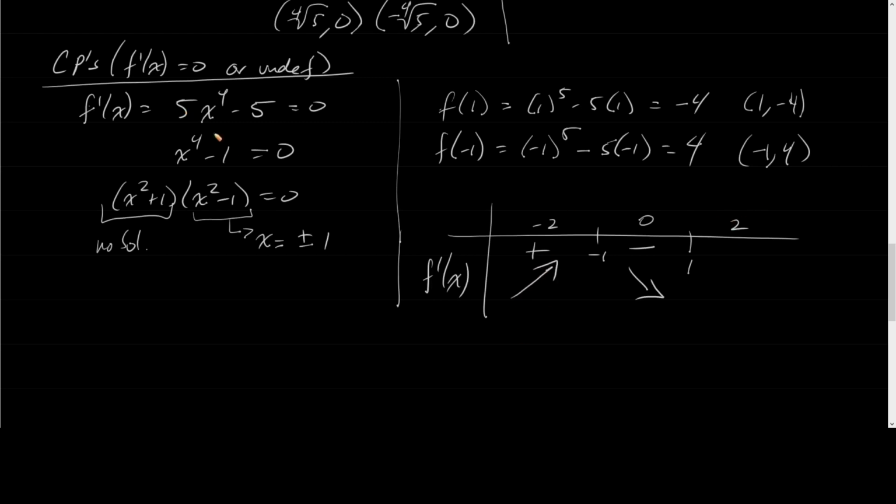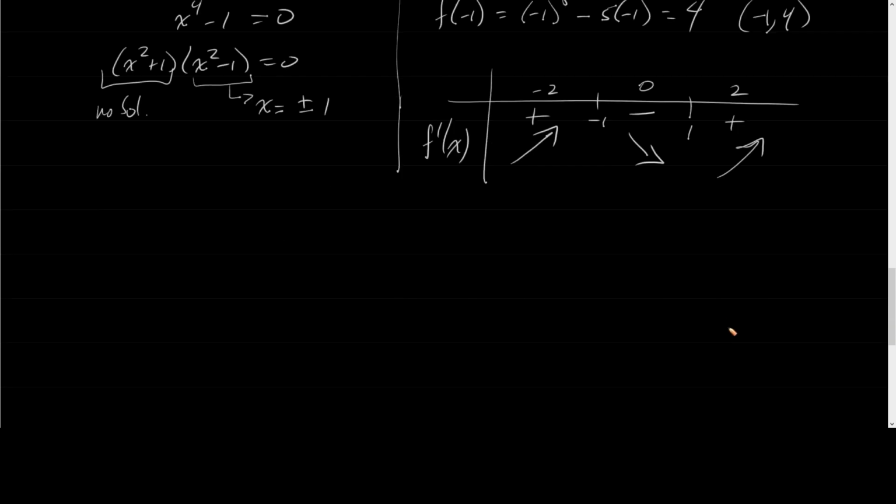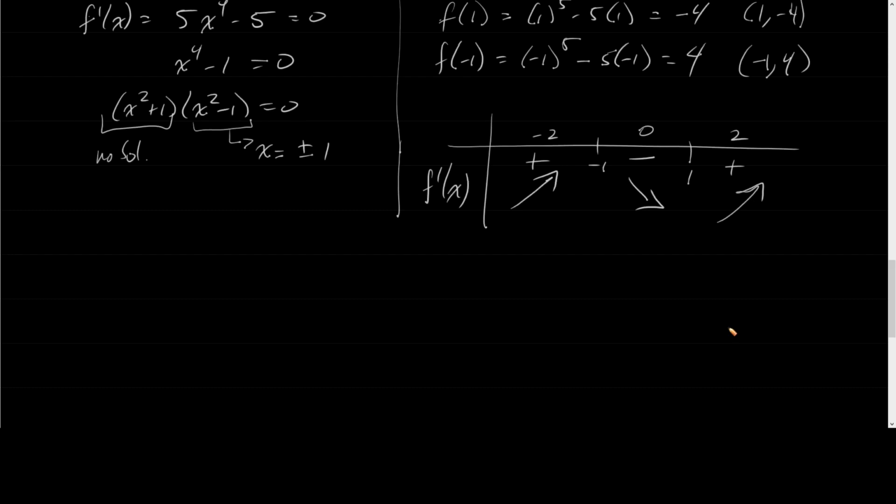And when I plug in 2, 2 to the fourth is 16, the same exact scenario of 5 times 16 minus 5, so positive again, which tells us it's increasing. So notice we've got our intervals: it's increasing from negative infinity to negative 1, and then again from 1 to infinity. It is decreasing between negative 1 and 1.